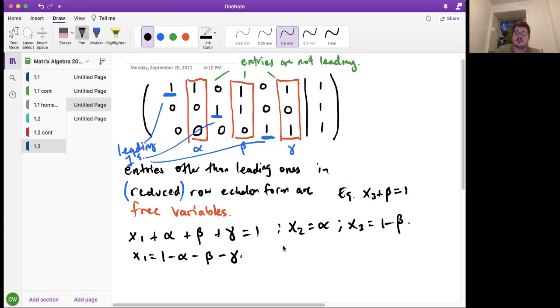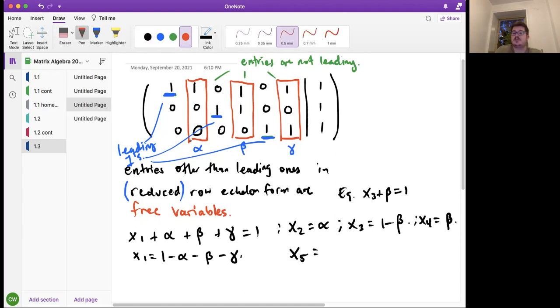Good. x4 is a free variable, so that's beta. And then what's x5? Why is x2 just alpha?